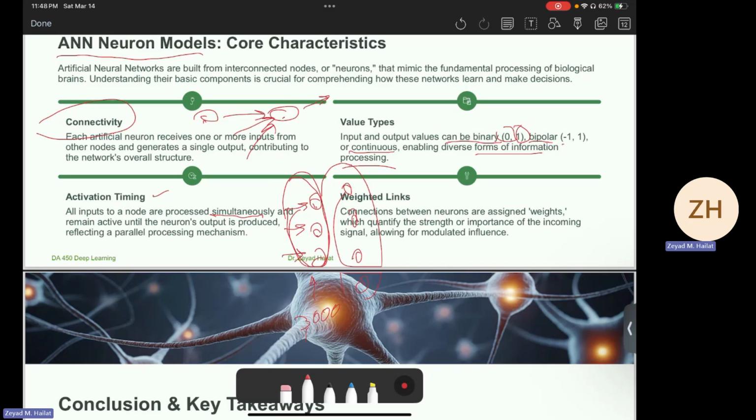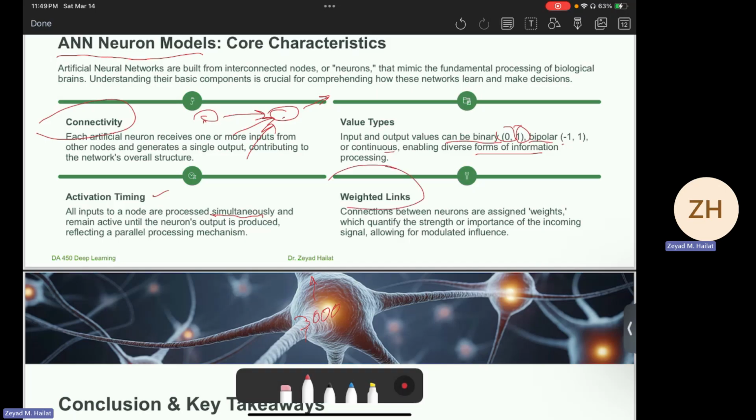So you can process 3,000 at the same time. And once you are done, you need to move to the next layer. And the same thing, this can be processed at the same time. So activation timing, as I mentioned, can be done in parallel, which is a huge improvement. If you look at it from a time perspective, this is a perfect parallelization, and it will make our training much faster.